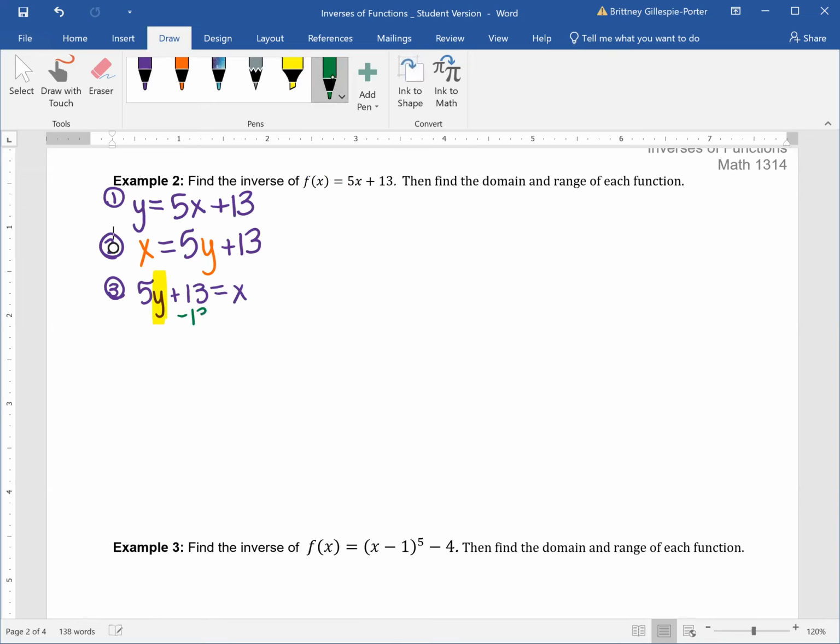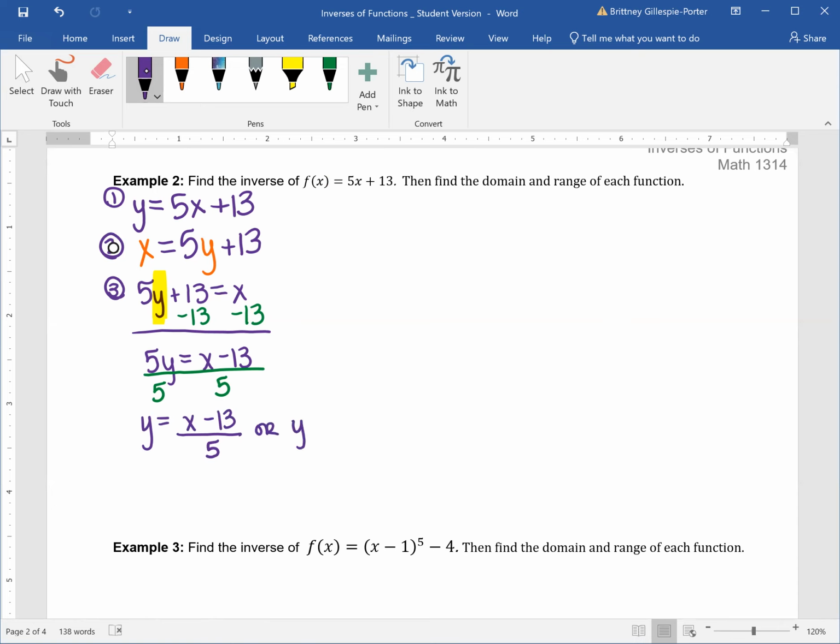My first step will be to subtract the 13. So I have 5y equal to x minus 13. And then I'm going to divide both sides by 5. You have 2 ways that you can write this. You can leave it as x minus 13 all over 5.